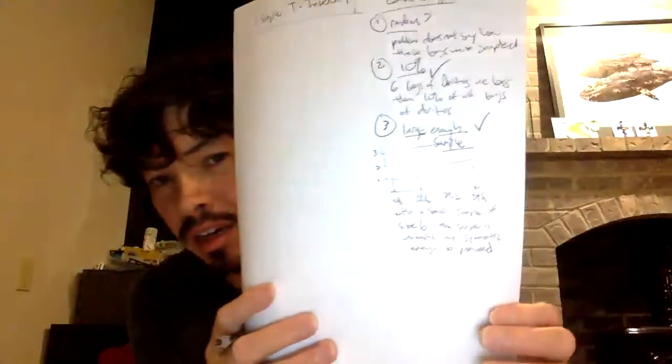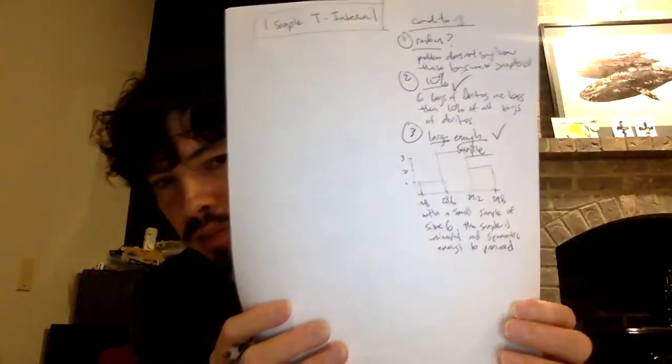And give it a check. Okay, that's a little weird, I know, messing with the histogram, but you can do that. You can try to make it look unimodal symmetric. All right, so that's it. Those are our 3 conditions: random, 10%, large enough sample.